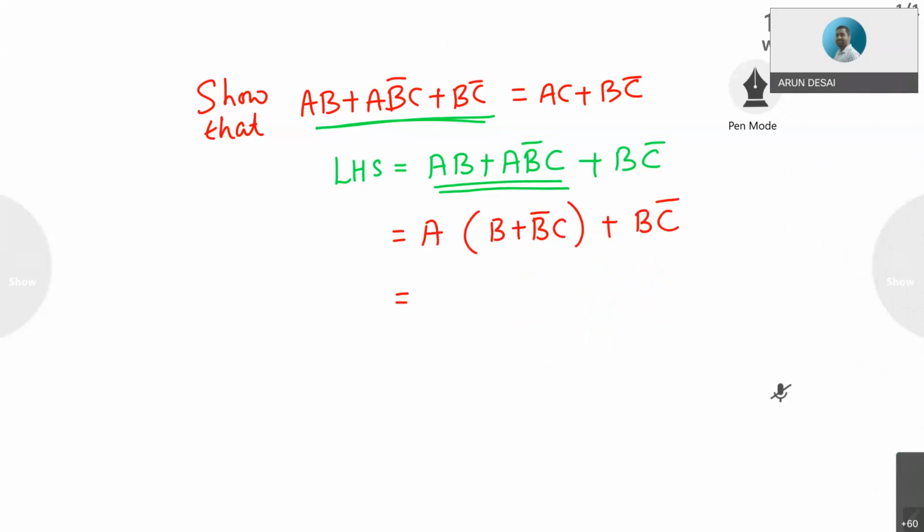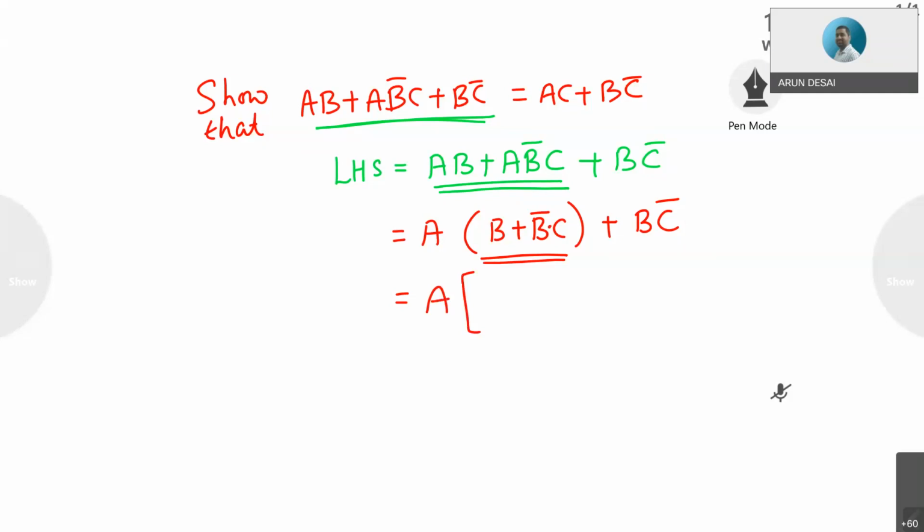So now again, the focus is on the parenthesis. We need to solve the parenthesis. So keep A as it is. Try to separate at this point. Why?